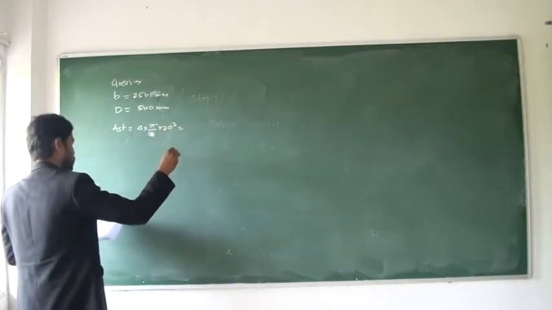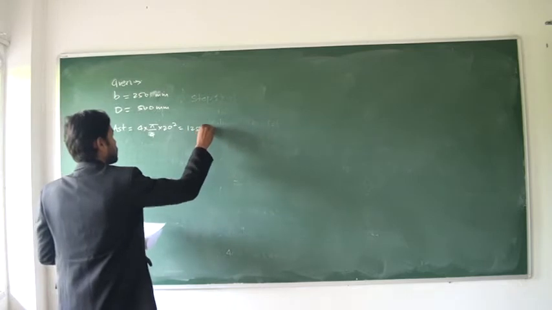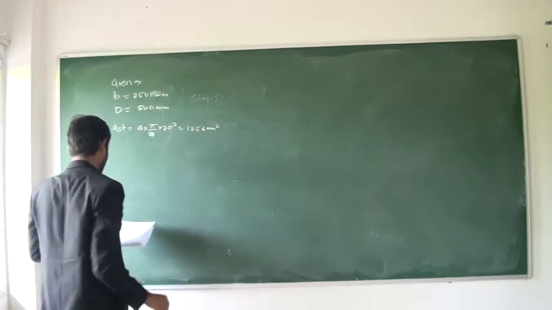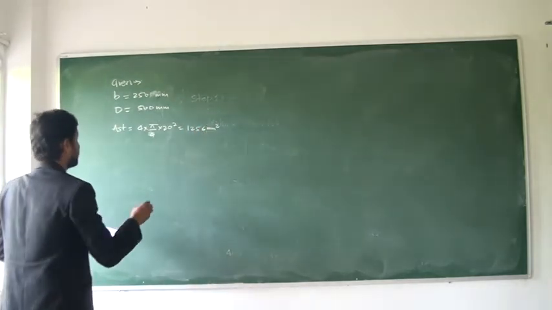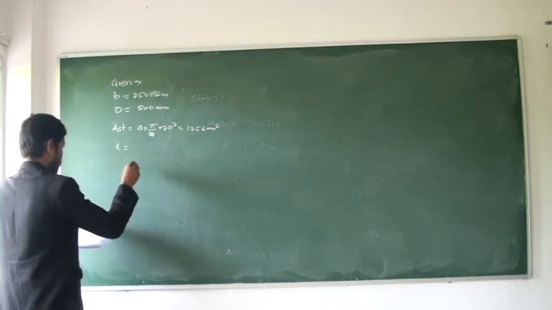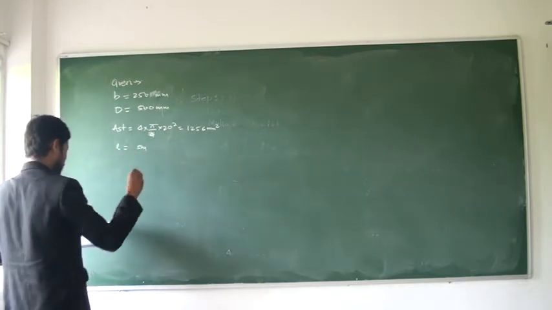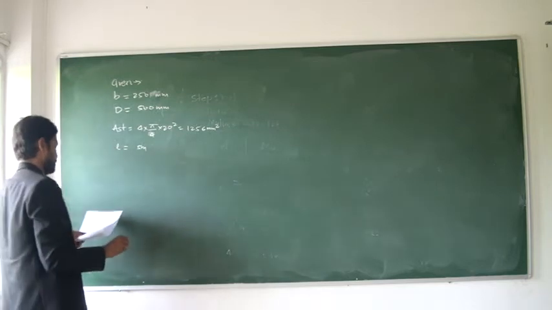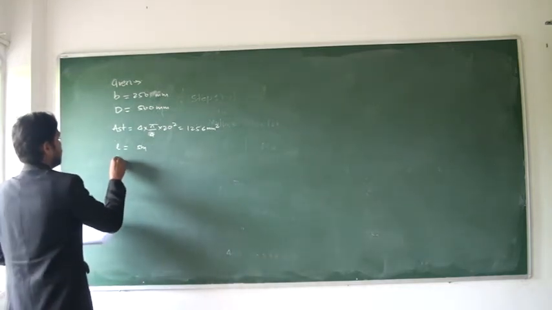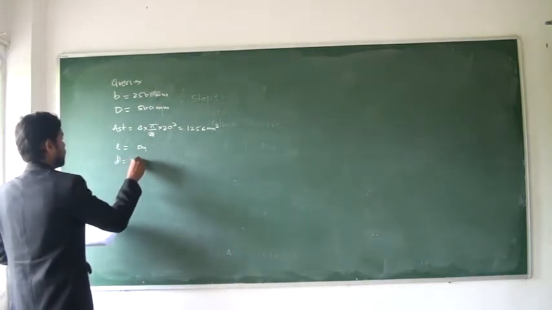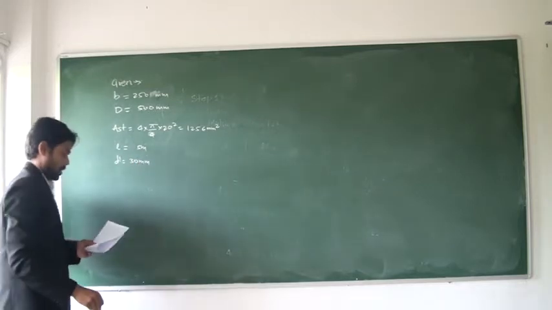If you calculate this, you will get 1256 mm square. Then span of beam is given, it is 5 meter. Then effective cover is given, it is 30 mm.